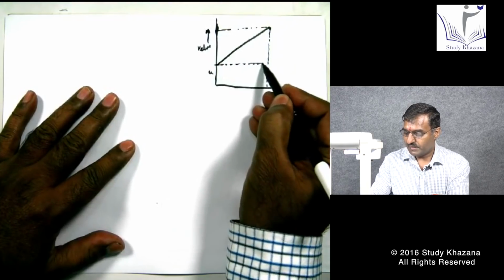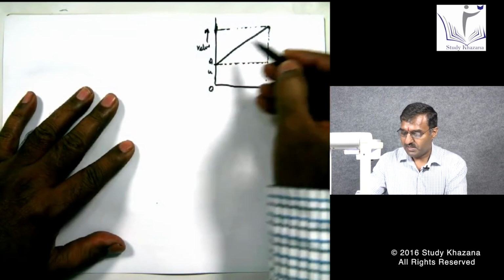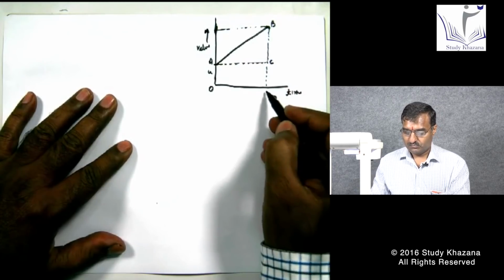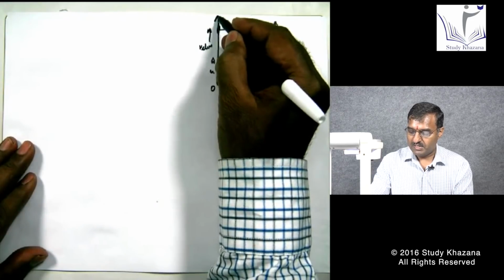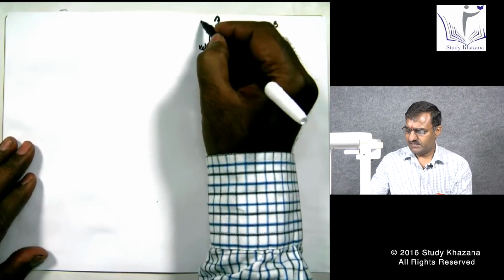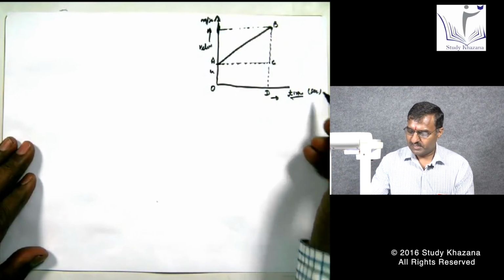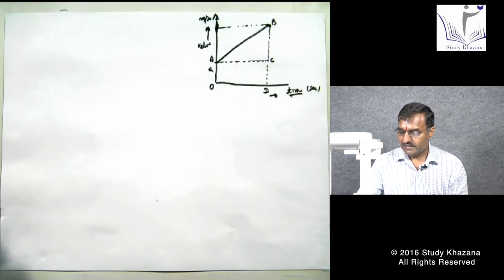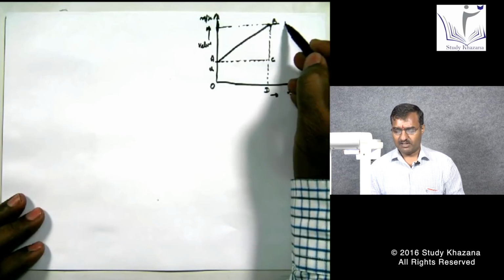So what I can write here: O, A, this point say B, C, D. Now here this is velocity in meter per second, here it is time in seconds. So this point u is the initial velocity, and at this point B the object is moving with final velocity.